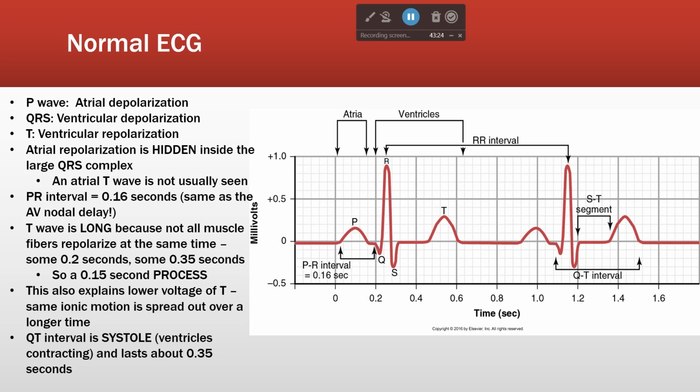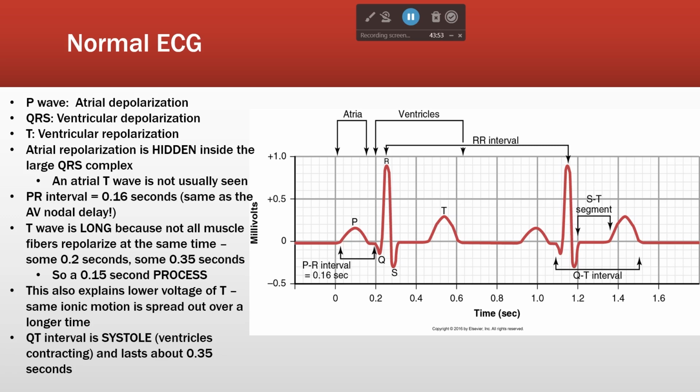So you've got atrial depolarization, ventricular depolarization, ventricular repolarization. Now, you'll notice there's something missing. What's missing? Atrial repolarization is hidden inside the QRS complex. We don't see it because there's so much more ventricular cell mass than atrial cell mass.